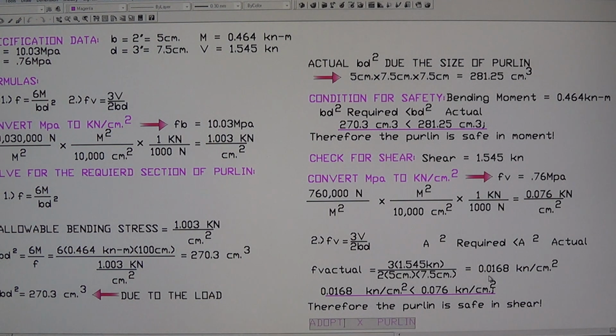Therefore we have to adopt 2 inches, which is 5 centimeter, and 3 inches. So adopt a 2 by 3 inches purlin in terms of inches, and in terms of centimeter it is 5 by 7.5 centimeter. Therefore the purlin is safe.